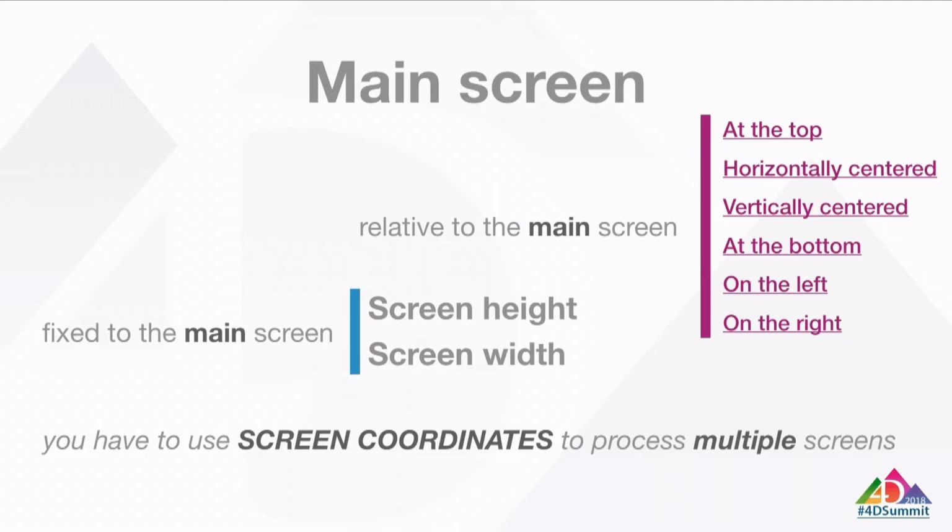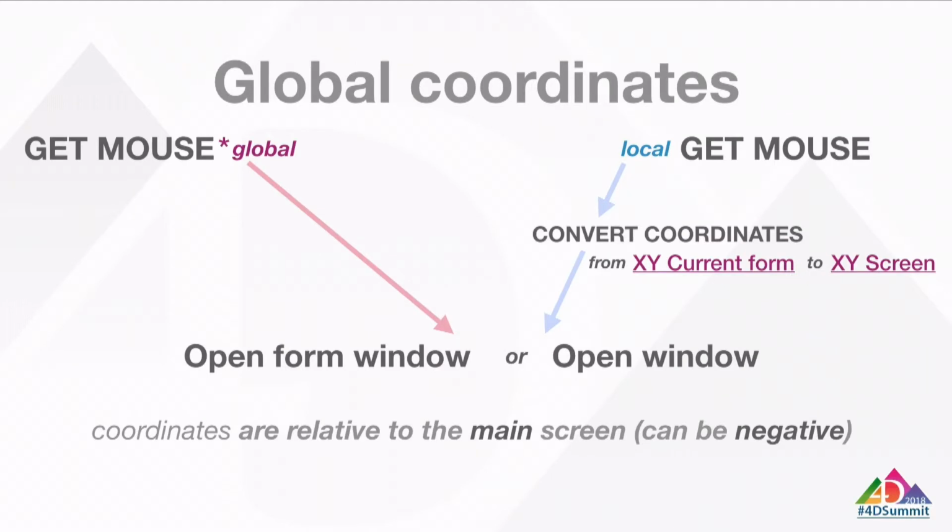But before we go into screen coordinates, perhaps, I don't know if you've already used this command, convert coordinates. You're going to find this command very useful when you want to deploy your application with the capacity to run on multiple screens.